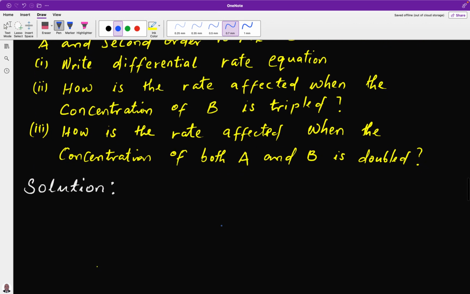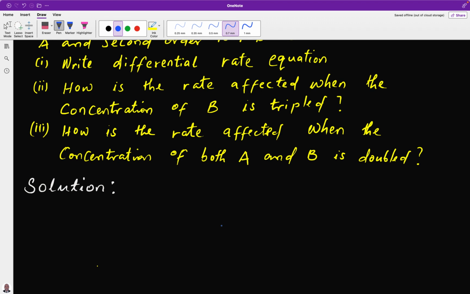The rate equation is very simple. You don't need to be writing anything.